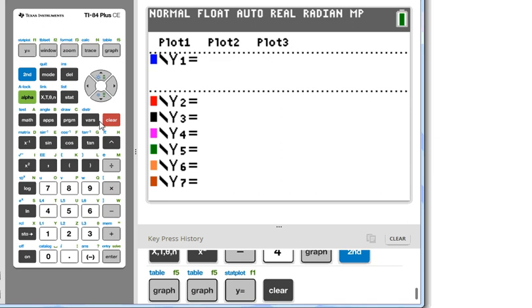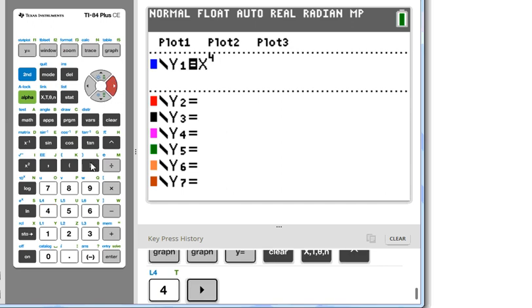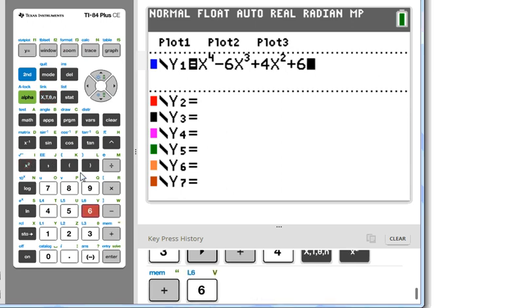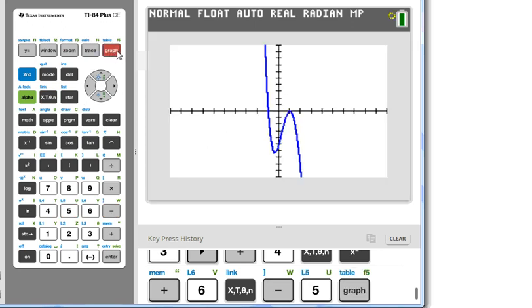Enter x to the 4th power minus 6x cubed plus 4x squared, excuse me, plus 6x minus 5. And we graph, what do we see?